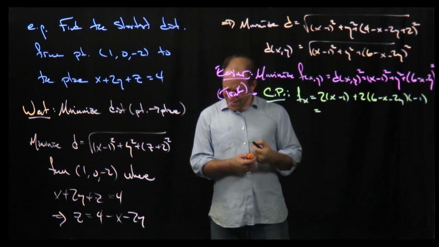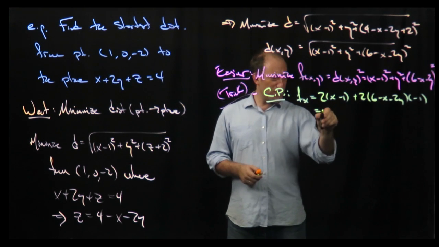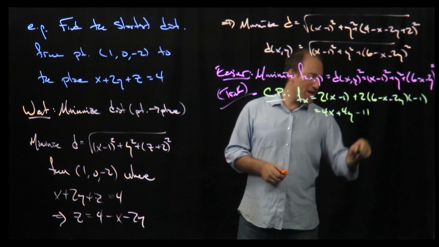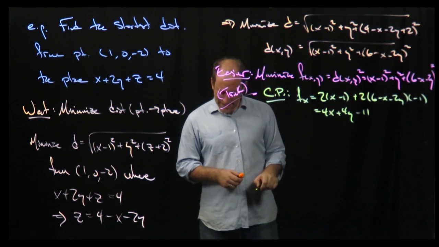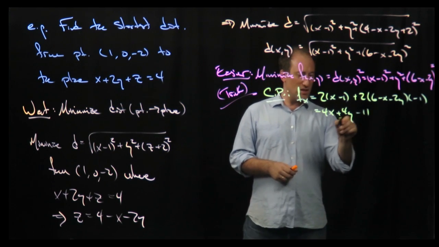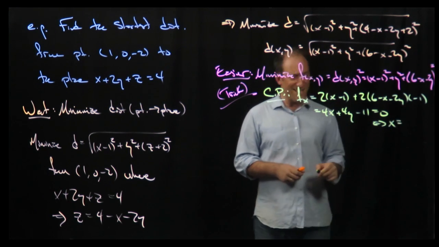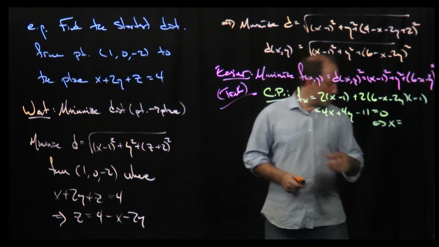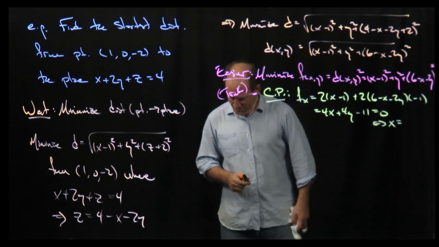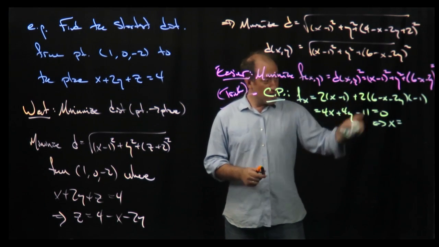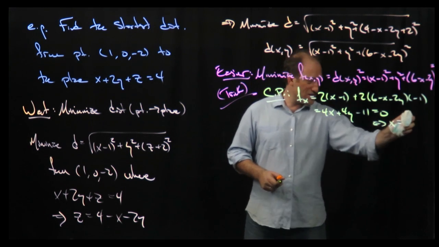This will clean up to be 4x plus 4y minus 11, which equals 0. Hold on to that just a second.